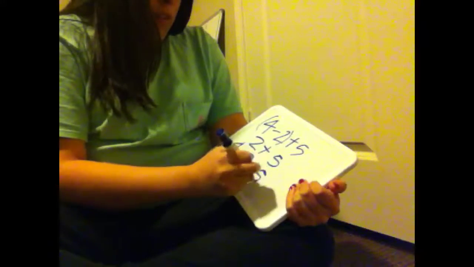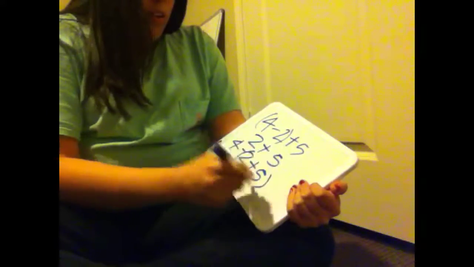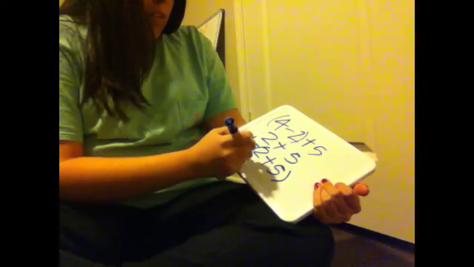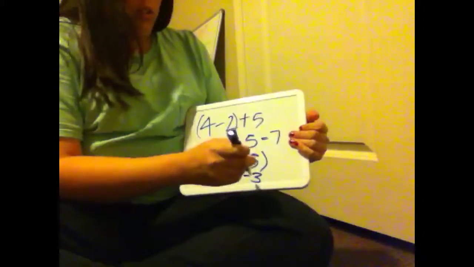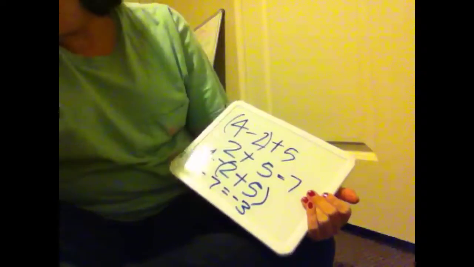Let's group together the 2 and the 5. So we'll have 4 minus 7, and that gives us negative 3. So this answer won't match this answer. So it doesn't work with subtraction, only addition.